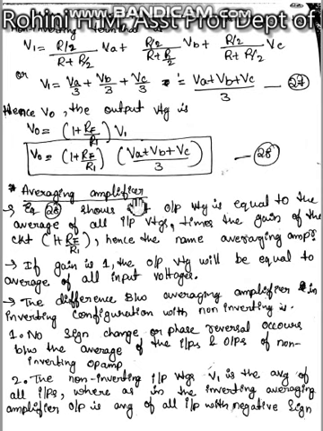So the next is the averaging amplifier. This equation says that the output is equal to the average of the inputs into the gain. Here the gain is 1 plus Rf by R1, that is the gain of the non-inverting op-amp. If we modify this expression, if the gain of this non-inverting op-amp is equal to 1, then the output voltage is nothing but the average of the inputs. That is the technique used to design the averaging amplifier.